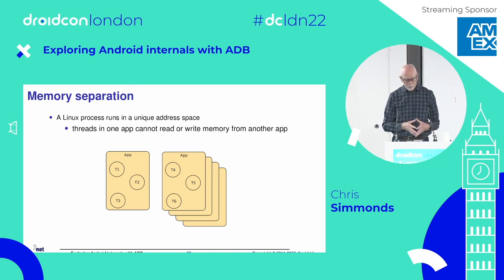The important thing is that in my diagram, the three threads in the first box, T1, T2, T3, can see each other's memory because they are cooperative, they're in the same address space. But the threads in the next box, T4, 5, and 6, are in a completely isolated address space. They cannot see anything that's going on in the first app. So we have memory separation.